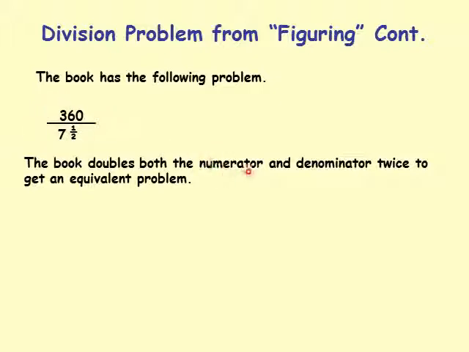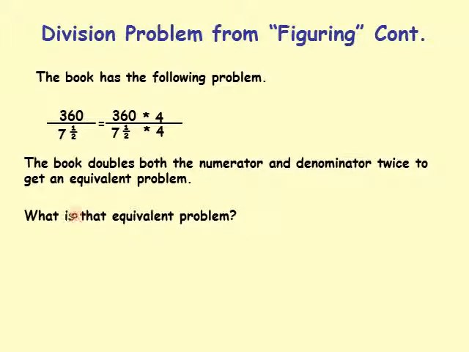It doubles twice, multiplying by 4. So that is like 360 times 4 divided by 7.5 times 4. Now we have 360 times 4 in the numerator and 7.5 times 4 in the denominator. We were trying to get rid of this fraction here, which I believe we got rid of.